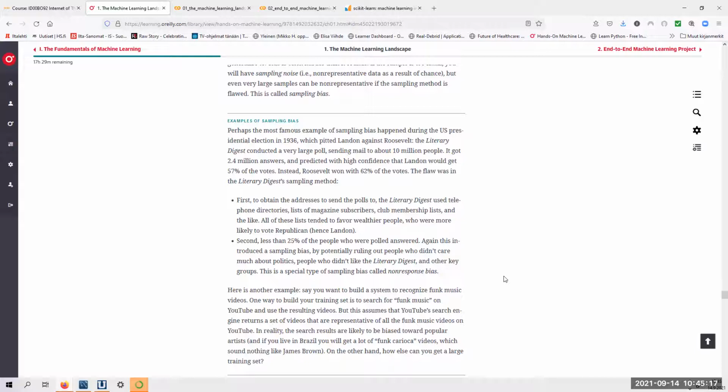It was predicted that Hillary Clinton would win, but they didn't have enough votes in the polls from the Rust Belt, for example, which had a very large Donald Trump population.